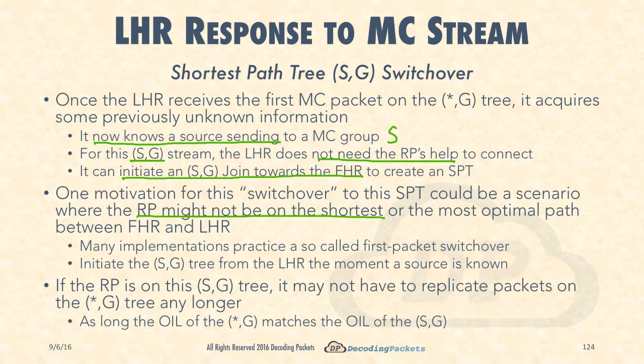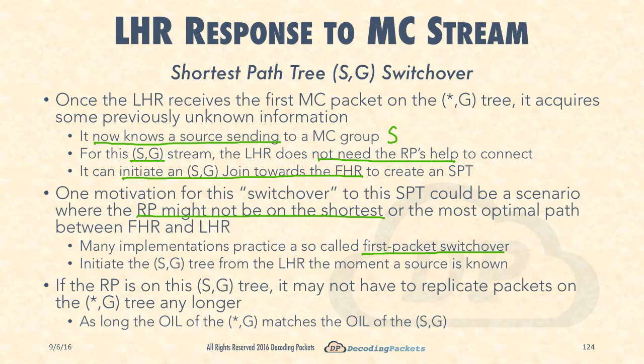Having said this, most implementations, many that I have seen, practice what is called a first packet switchover, where the moment they receive that very first multicast packet, they initiate this S comma G join, and they do not bother finding out whether the RP is in fact on the optimal path, because the RP is just another router in the network, right?